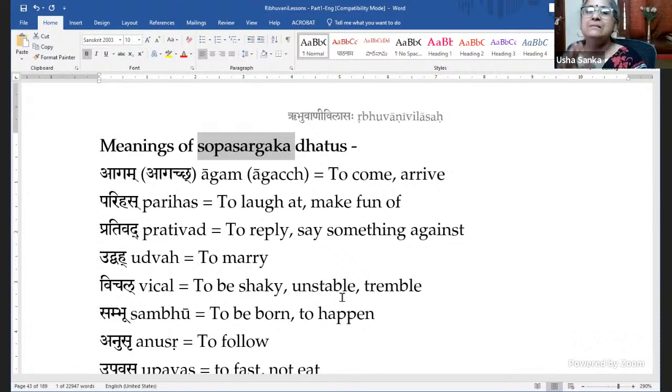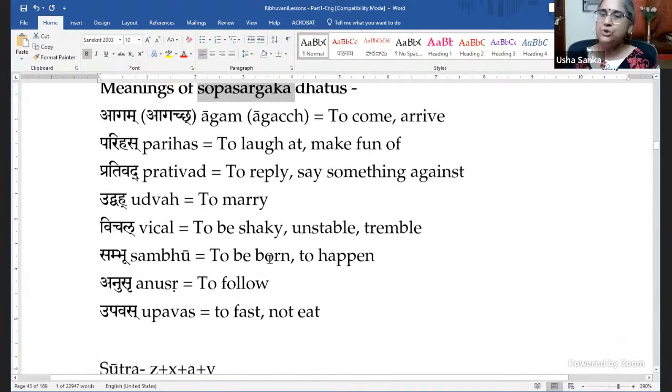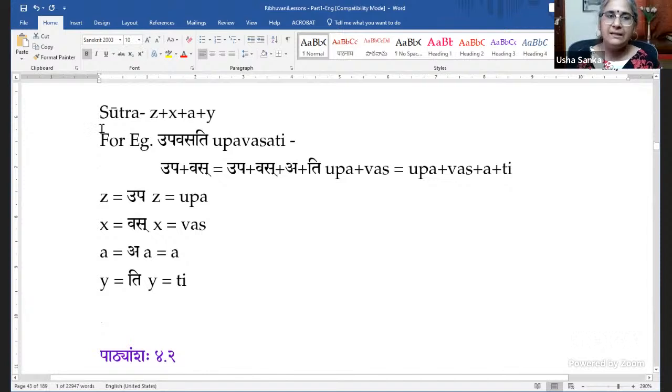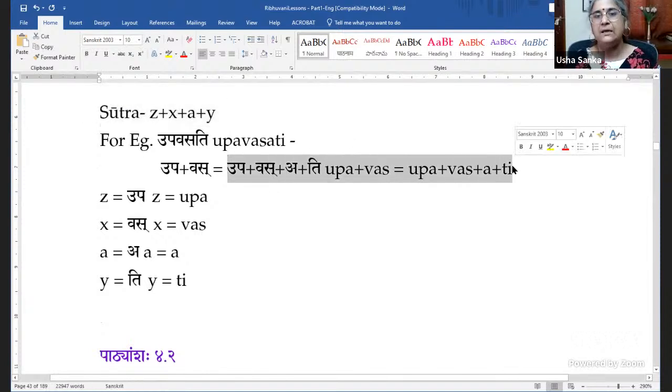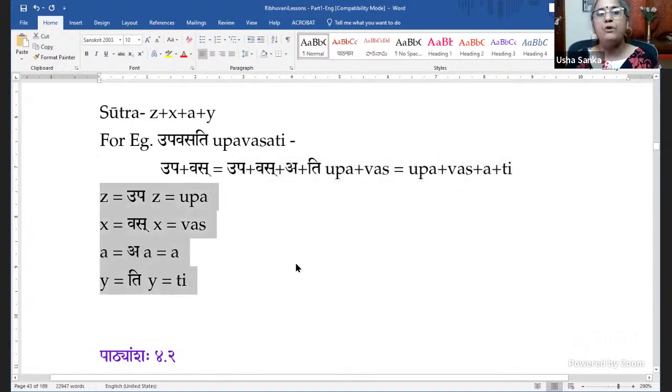Sopasargaka means upasarga added dhatu, which is going to yield a new meaning, which is very fresh, ready, and happy to give more and more variety of meanings. So that is called a sopasargaka dhatu. And this is the principle behind the form, and here you can see how the form works. So this is the working form of it, the inside principle of it.